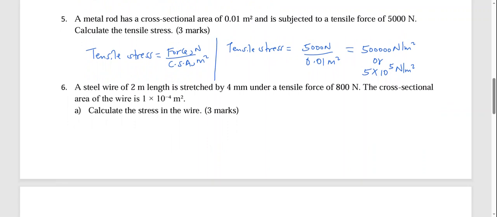A steel wire of 2 meter length is stretched by 4 millimeters under a tensile force of 800 Newton. The cross-sectional area of the wire is 1 times 10 raised to the power of -4 square meter. Calculate the stress in the wire.